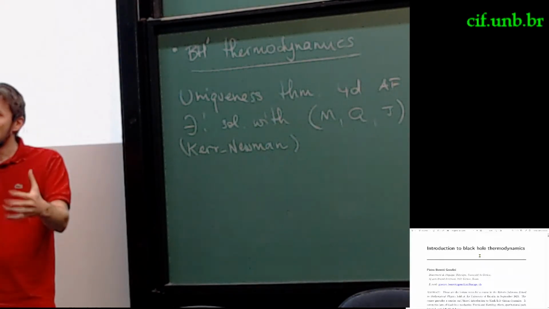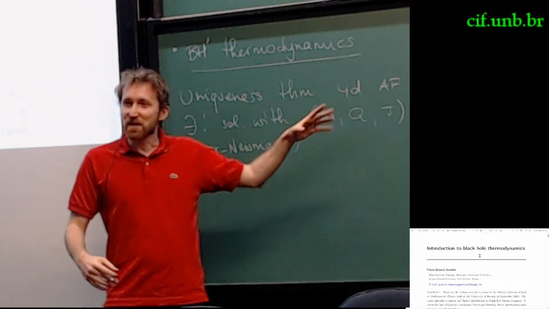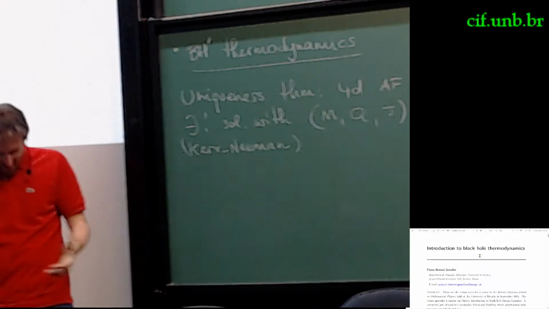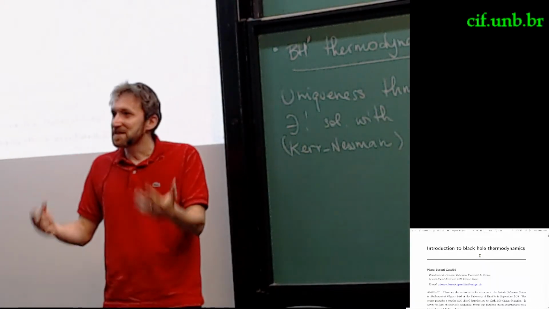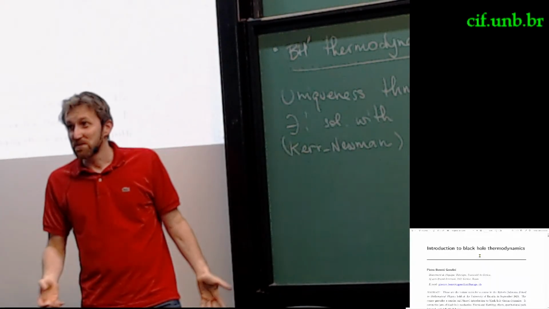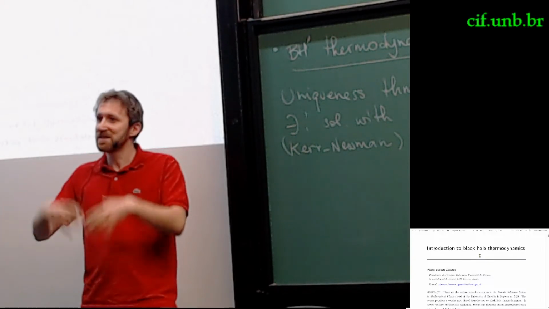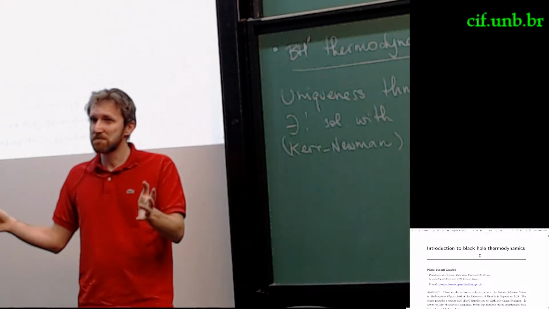That has a lot more entropy than the thing that is just defined by a mass and angular momentum. You would need to say that I'm wearing a red t-shirt, I'm wearing some jeans. All of this is irrelevant for the gravitational collapse. What the star was made of is all irrelevant.